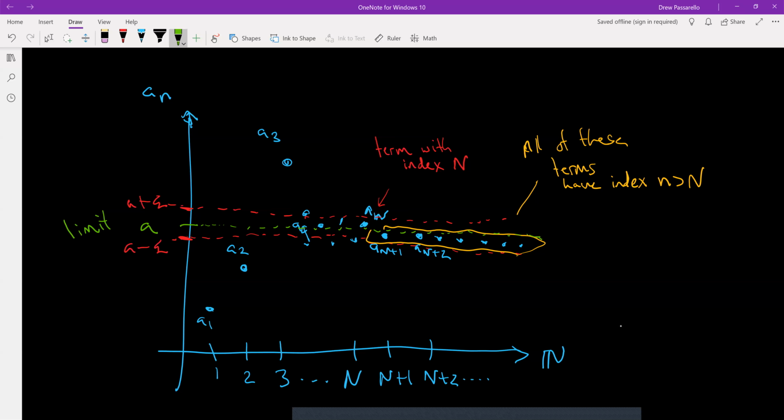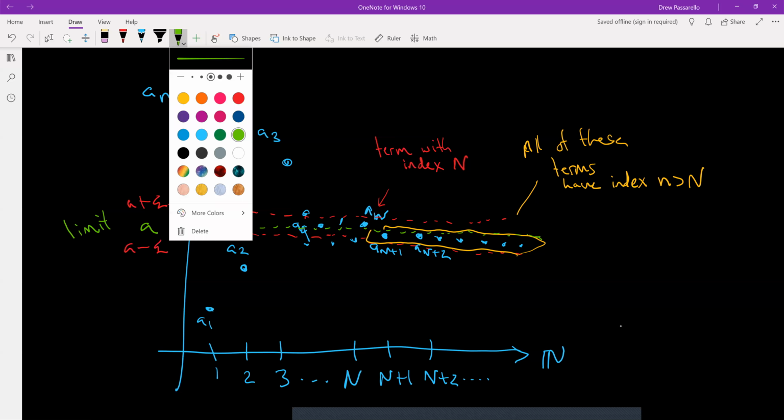Okay, so all of these terms are within epsilon distance from a. That's what that's saying.